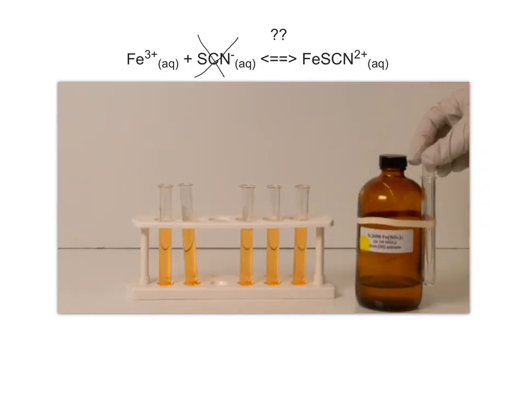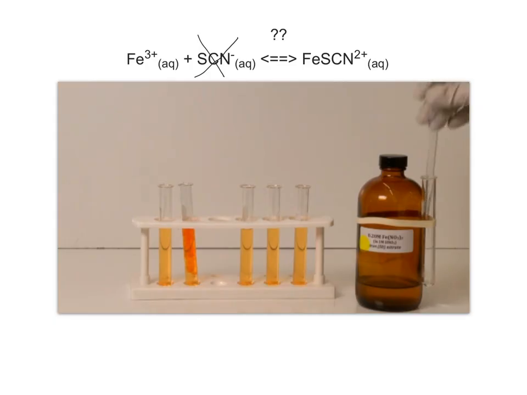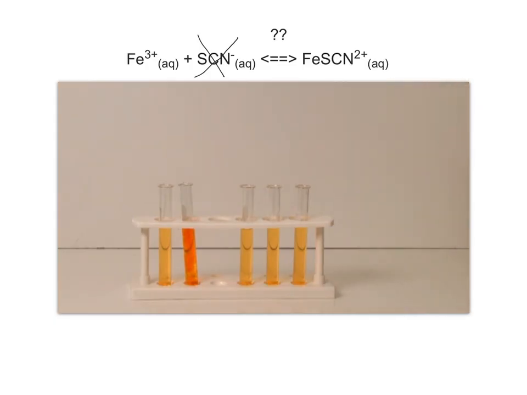To test this hypothesis, we add another couple drops of iron 3 nitrate to the second tube. We see that the color of the solution darkens, indicating that more of the product was formed, and there must have been some thiocyanate ion present.